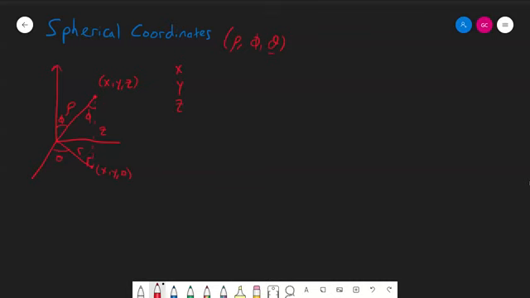Okay, so that means that rho represents the hypotenuse of this right triangle. So cosine of phi, then, is the length of the adjacent divided by the length of the hypotenuse. And so that implies that z is just rho times cosine of phi.